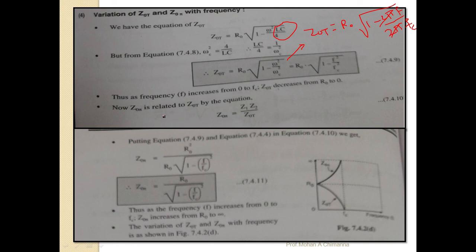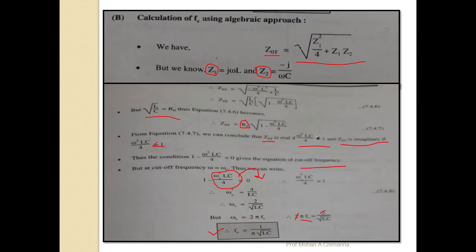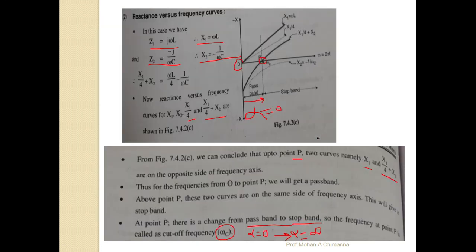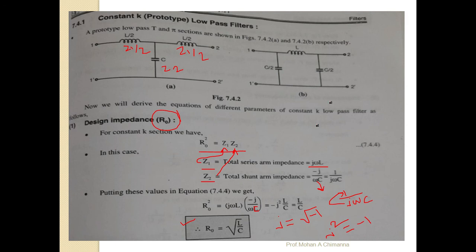Now Z0 pi is equal to Z1 Z2 upon Z0T, putting equation number 9 and equation number 4 in equation number 10. Equation number 4 we have calculated here: R0 square equals Z1 Z2.